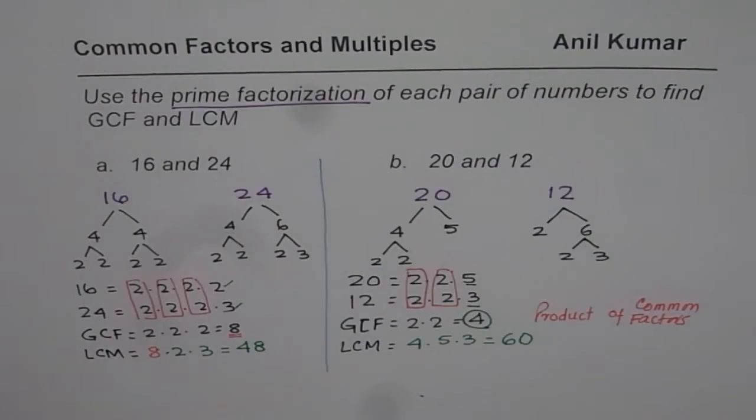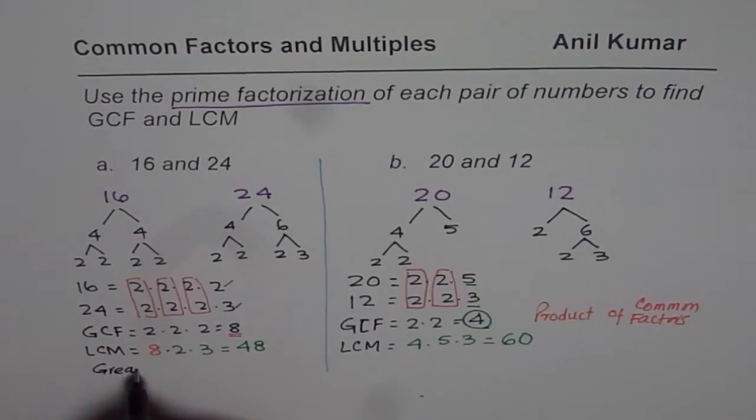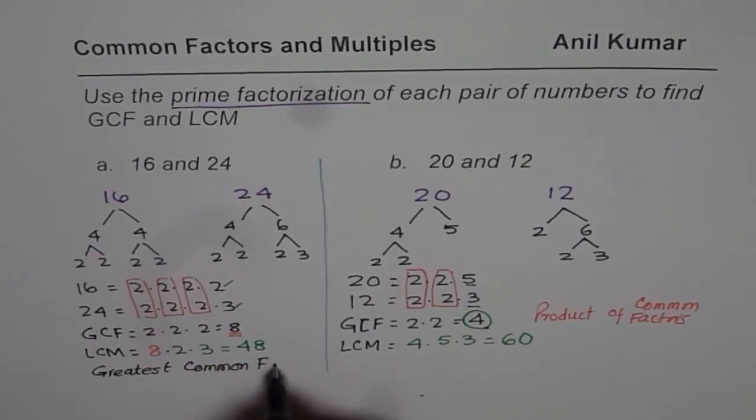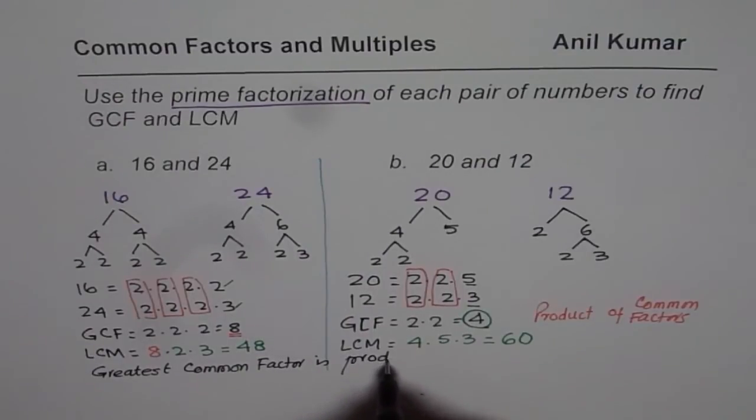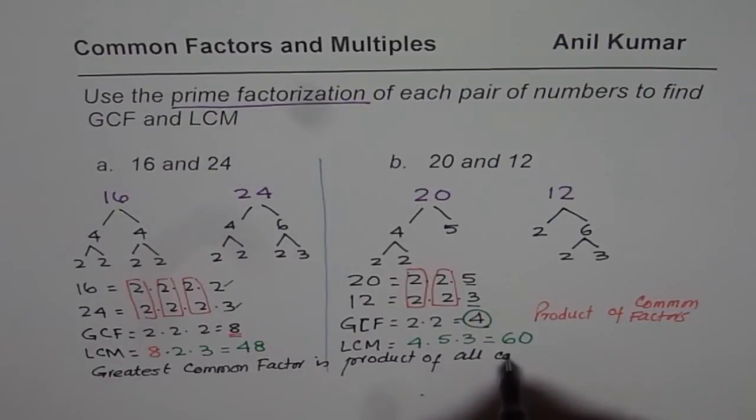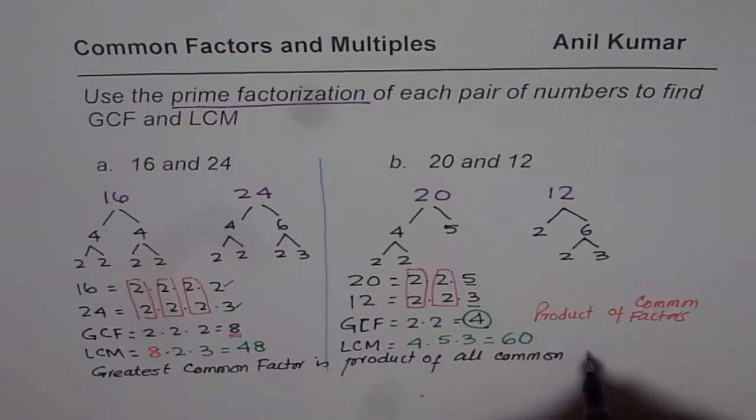Now, to summarize, I think you now understand that greatest common factor is the product of all common factors. That is how we get greatest common factor.